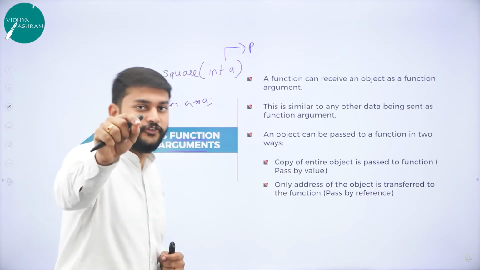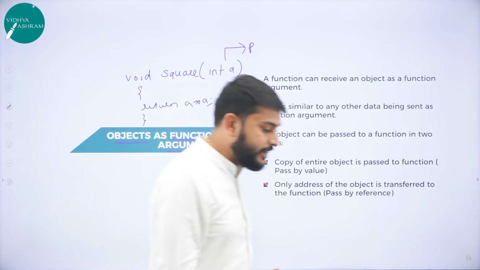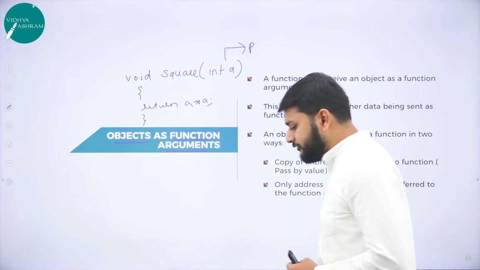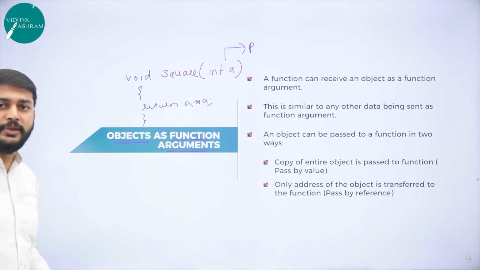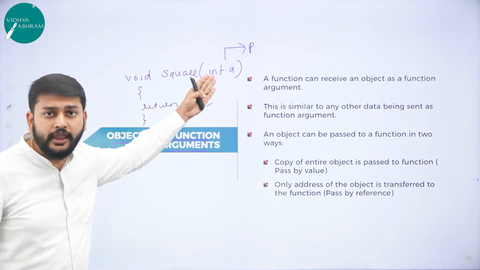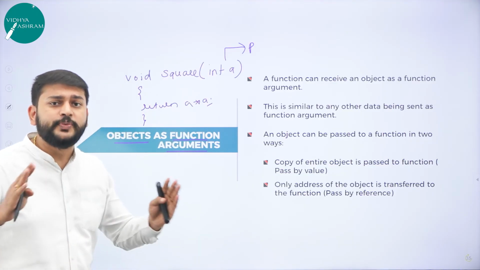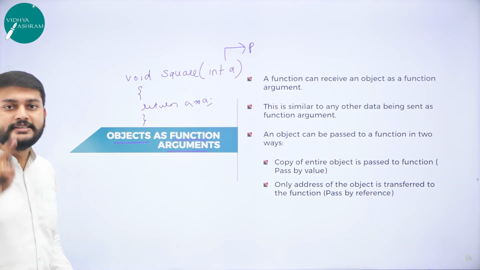Yes, to your function I can send my object. What is the second point that I have? This is similar to any other data being sent. I have int a. In the same way, I will be sending my object also. There is no special syntax for this, is what they are trying to explain in the second point.